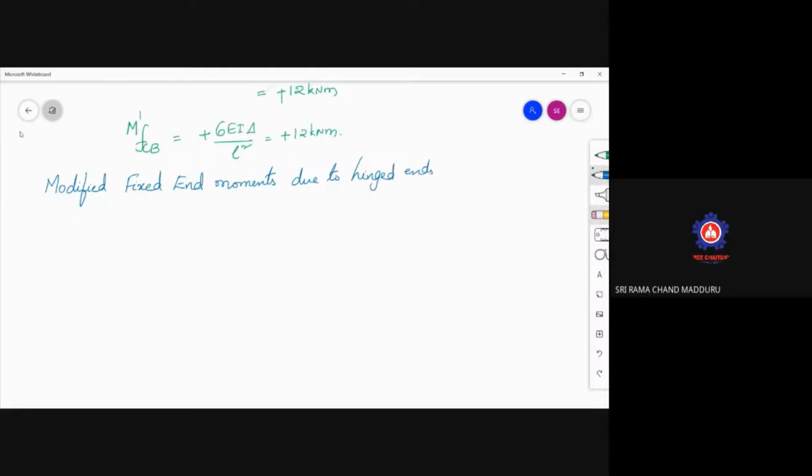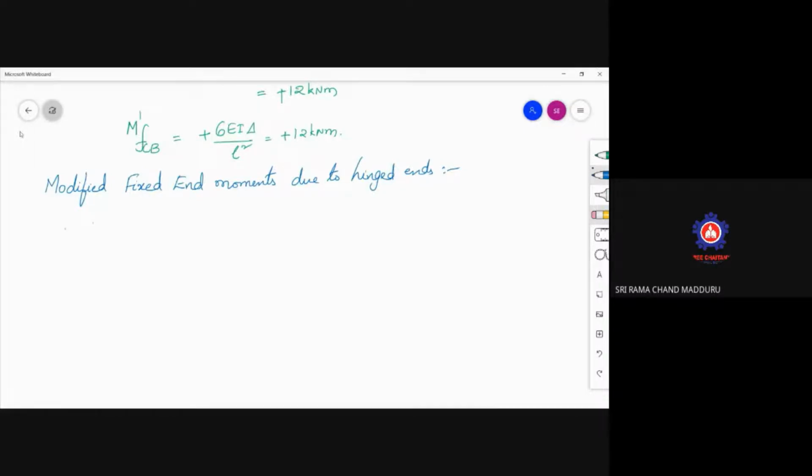As the ends are hinged ends or roller ends, we have to modify the end support moments, whatever we got. So for this, first of all, I will write down this like this.